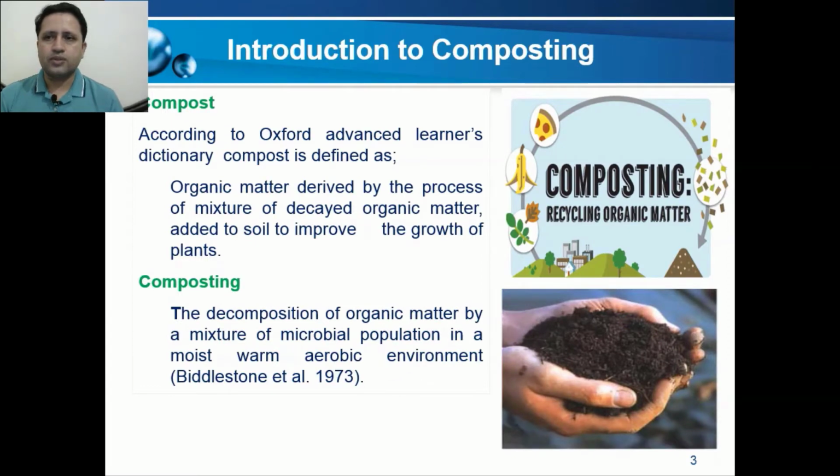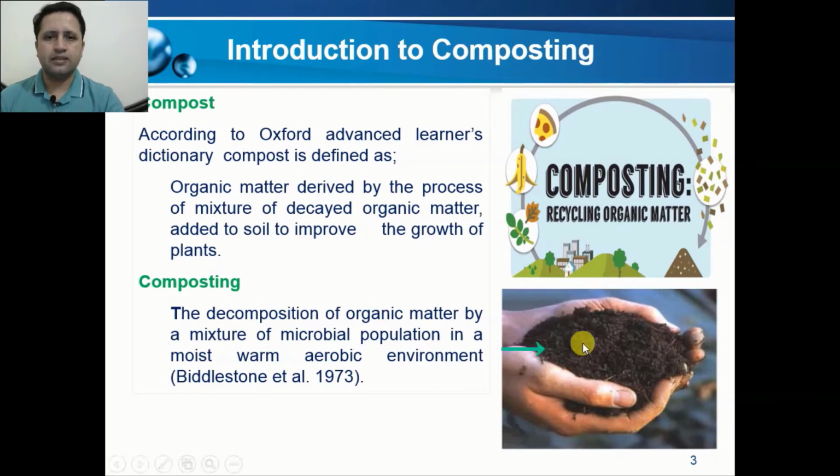Introduction to composting process. So what is the composting process? Composting is a process according to the Oxford Advanced Learner's Dictionary. Composting is defined as any organic matter which is derived by the process of mixture of decayed organic matter, which is added to soil to improve the growth of plants.